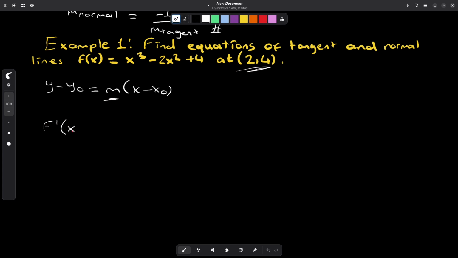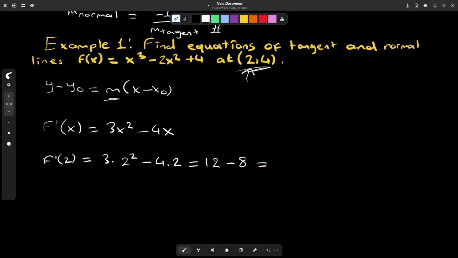What is f derivative? Differentiating this function, 3x squared minus 4x. My x is 2, therefore I need to evaluate the derivative at 2. 3 multiplied with 2 squared minus 4 multiplied with 2. From here, 12 minus 8, this is equal to 4. My tangent slope is 4.